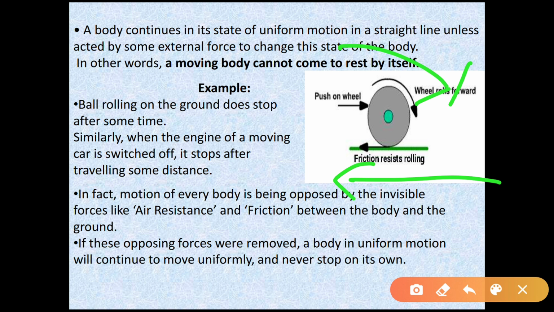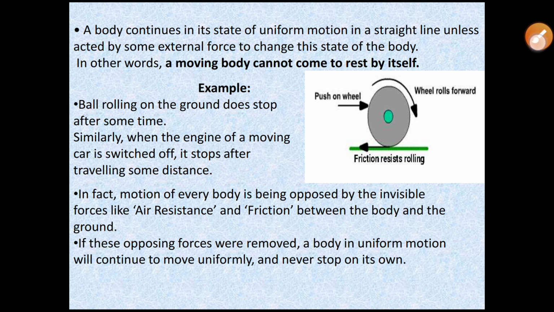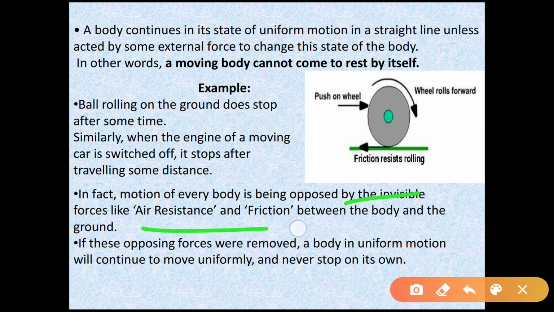Similarly, when the engine stops, the moving car stops after some distance. In fact, the motion of every body is being opposed by invisible forces like air resistance and friction between the body and the ground. If these opposing forces were removed, a body in motion would continue to move uniformly and never stop on its own.